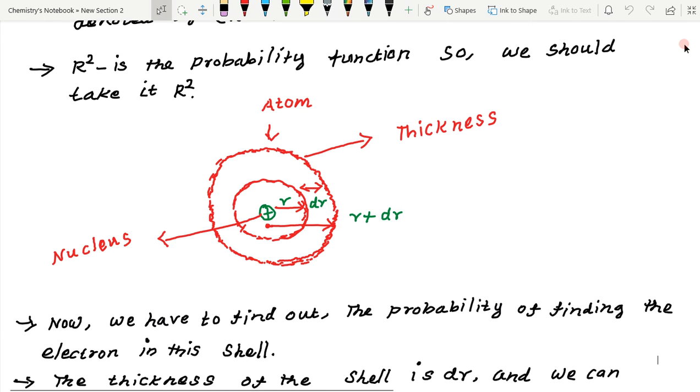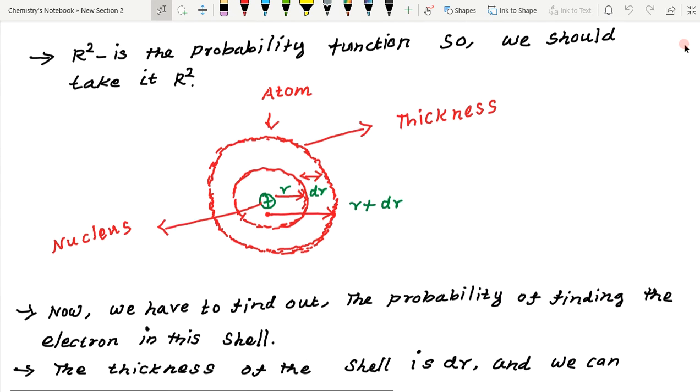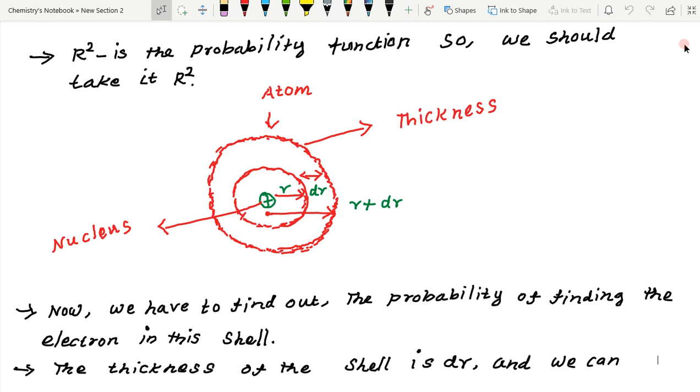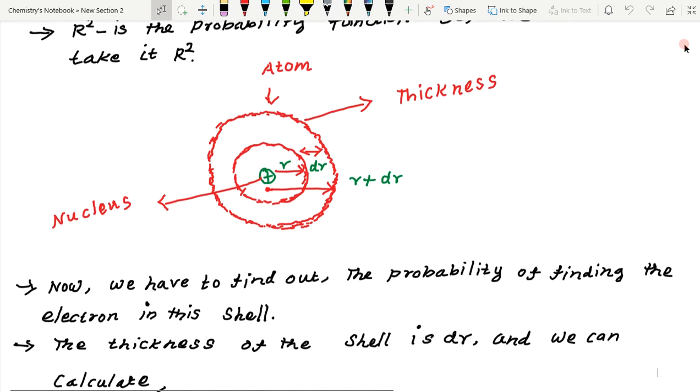See the diagram of the atom below. Outside is the shell thickness, and see the nucleus. The distance from the nucleus to the first orbit is r, and dr is the gap between the first and second orbit. So totally r plus dr.